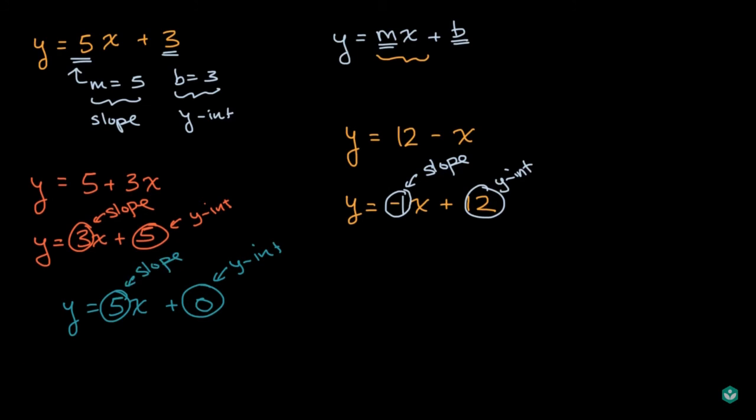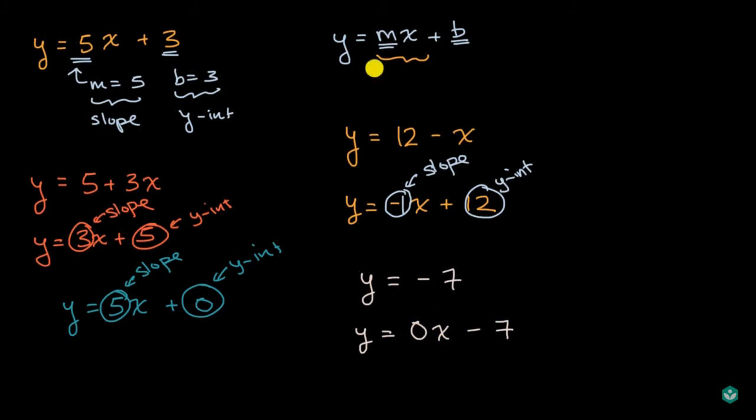Let's do one more example. Let's say we had y is equal to negative 7. What's the slope and y-intercept there? Well, once again, you might say, hey, this doesn't look like what we had up here. How do we figure out the slope or the y-intercept? Well, we could do a similar idea. We could say, hey, this is the same thing as y is equal to 0 times x minus 7.